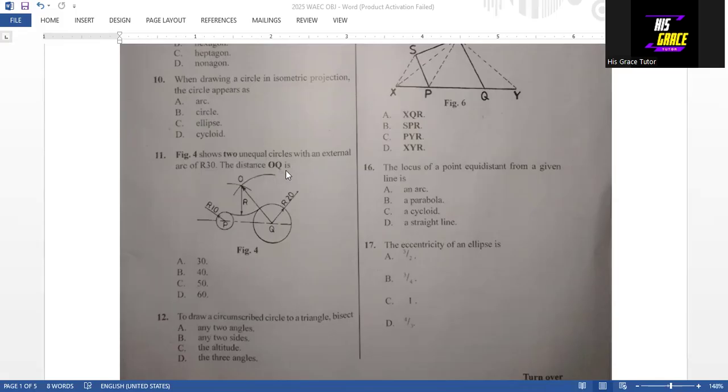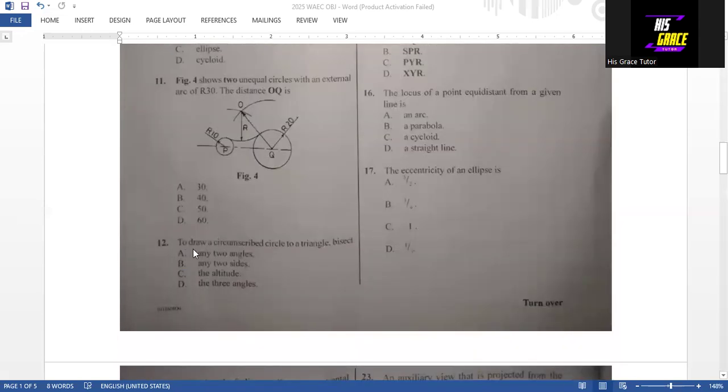The distance OQ is 50 millimeters. Because if this circle has a radius of 20 and this arc is drawn with a radius of 30, all you have to do is sum the radius of this circle and the radius of this arc, and that will give us 50. So option C is the answer to question 11.